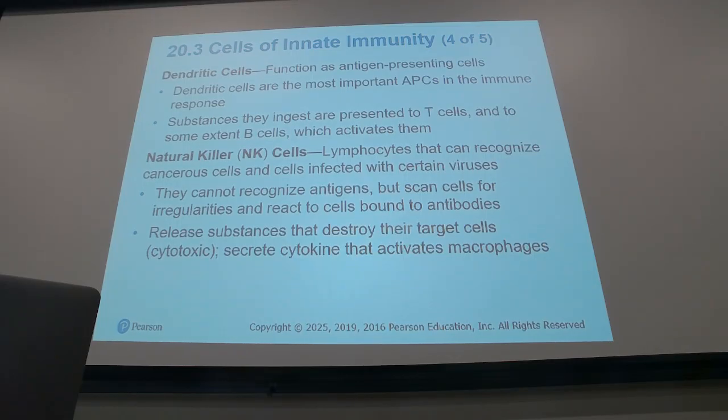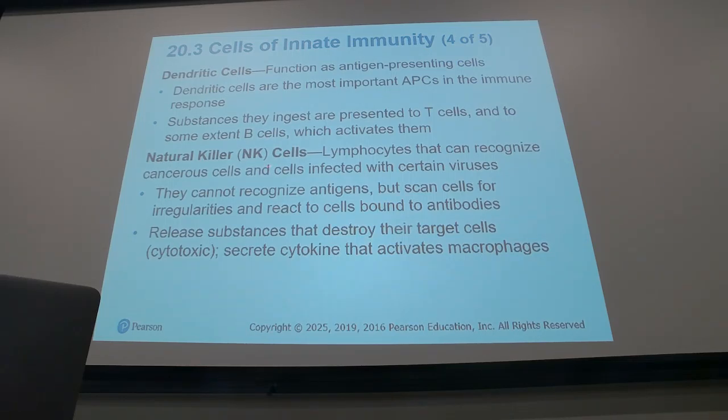Now, these dendritic cells are specific to certain areas of our body, and they have specific names. The dendritic cells in the skin are called Langerhans cells. And then we have dendritic cells in the brain, which are the microglia.